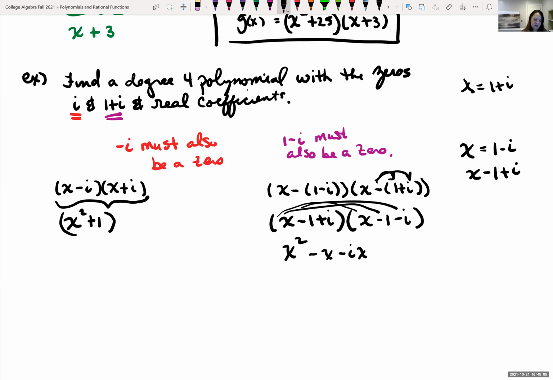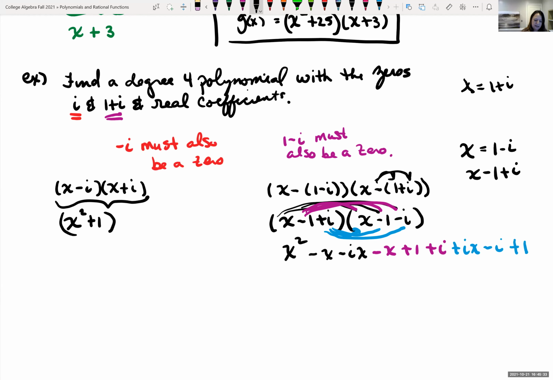Now let's distribute the negative 1. So I have negative 1 times x is negative x, negative 1 times negative 1 is plus 1, and negative 1 times negative i is plus i. So now distributing i times x is plus ix, i times negative 1 is minus i, and i times negative i is negative i squared, which is the same thing as plus 1.